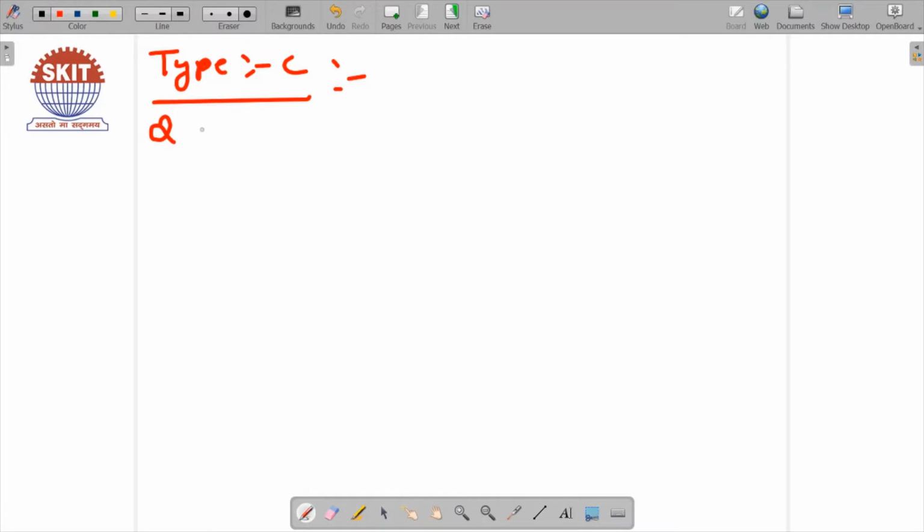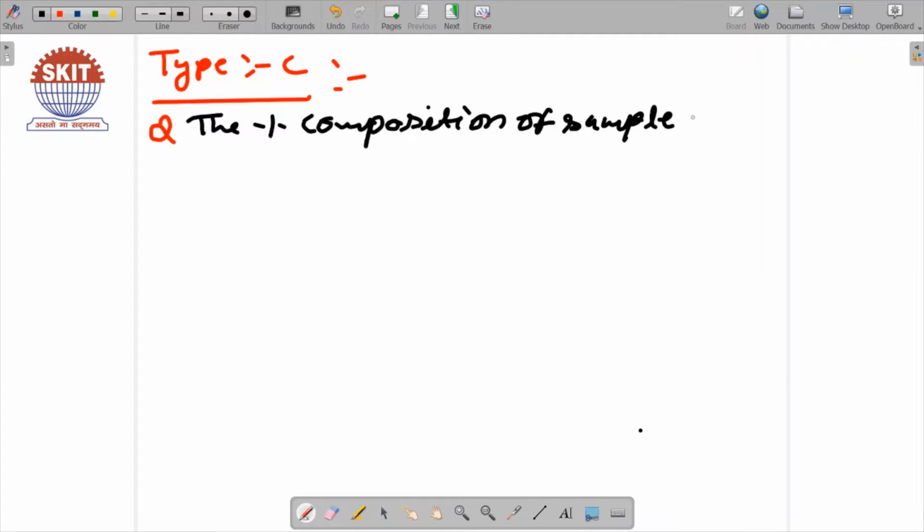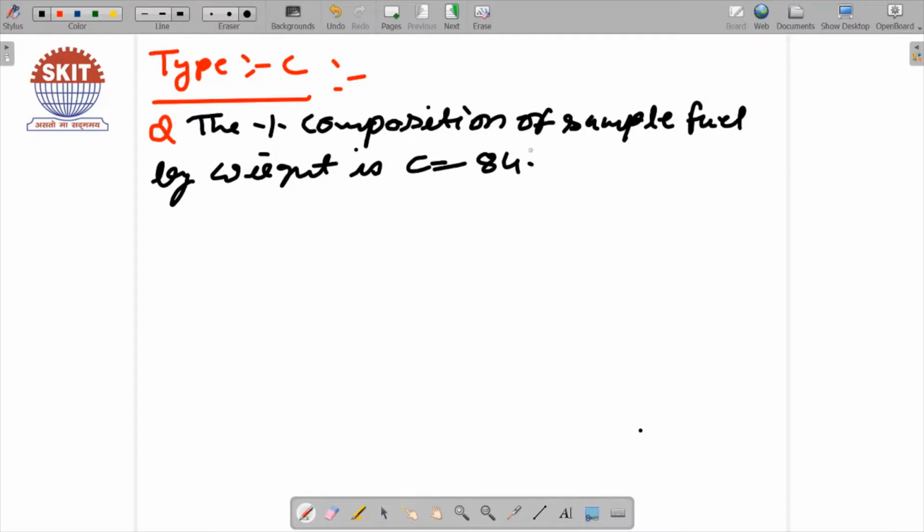This is a numerical. The percentage composition of sample fuel by weight is carbon 84.8% and hydrogen 15.2%.